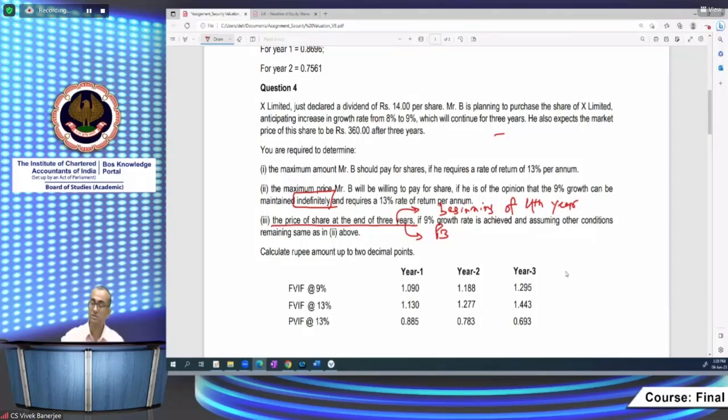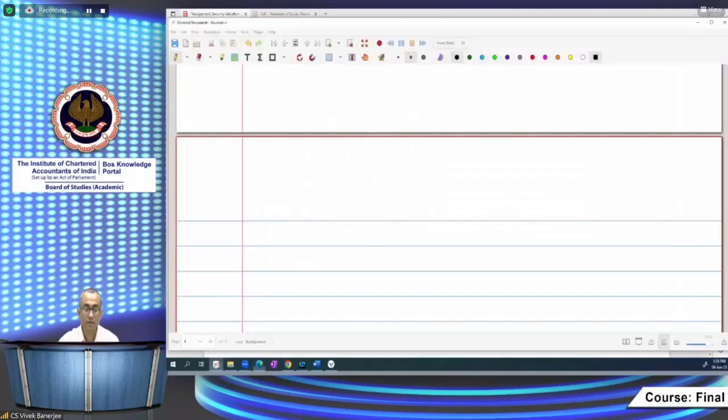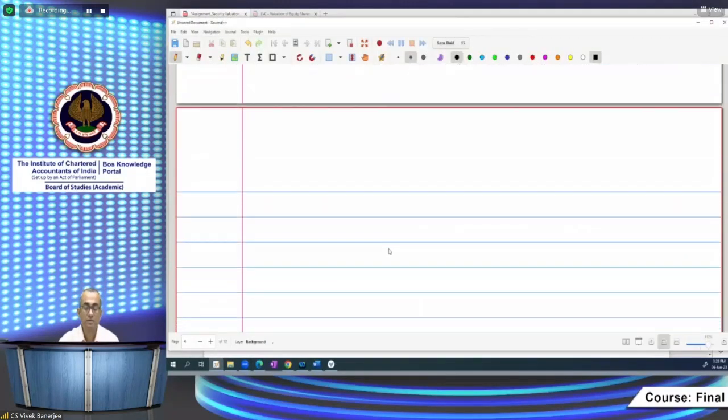So let us solve this question, part 3. You have to calculate the P3 because it is asking what will be the value at the end of the 3 years, so beginning of the 4th year.